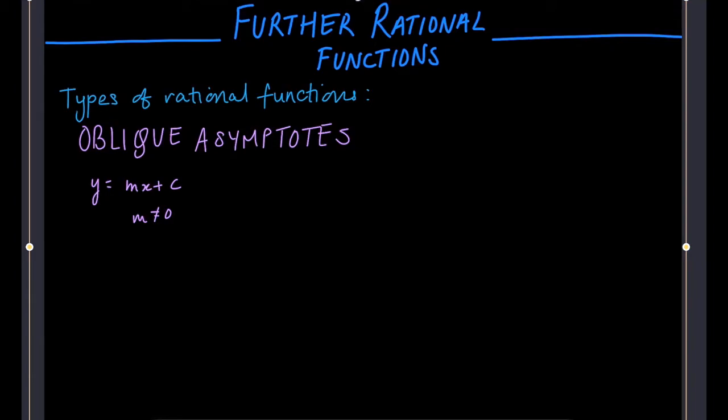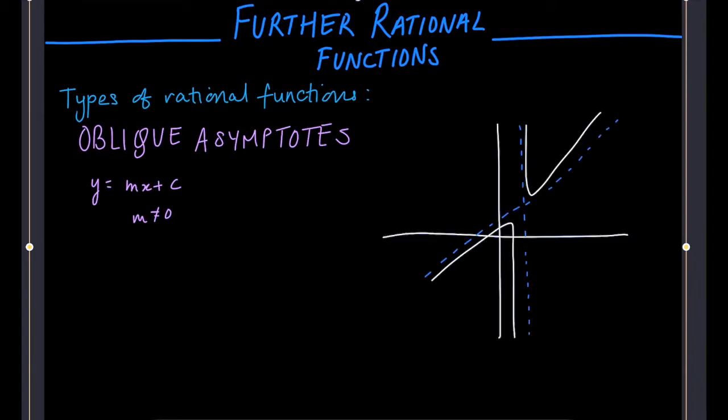And it would look something like this. Okay, so the blue lines show us this one is the vertical asymptote, and this one is the slant or oblique asymptote. So this is kind of what it looks like on a graph. Mine is not the most accurate, but you can get the idea of what it's supposed to look like.